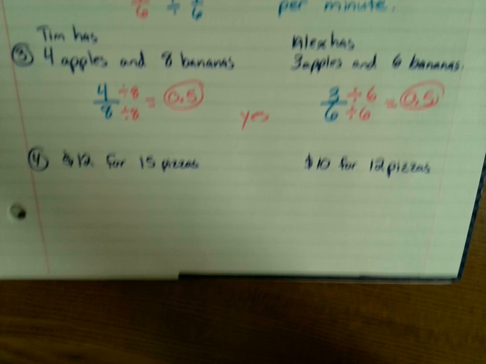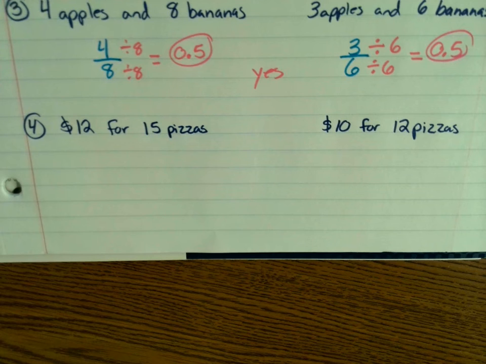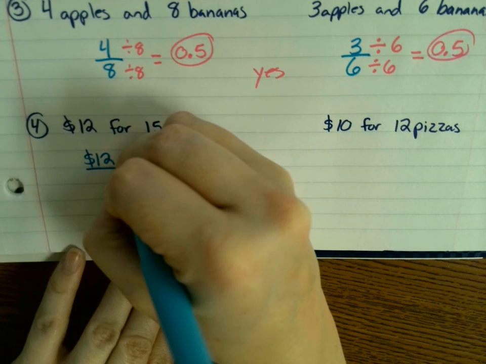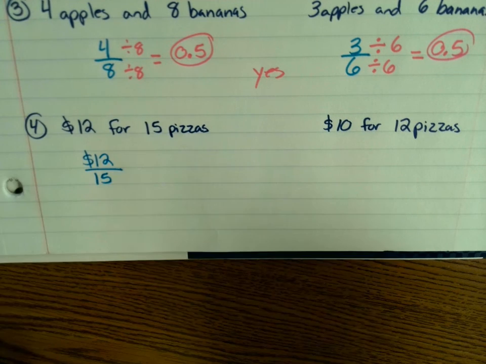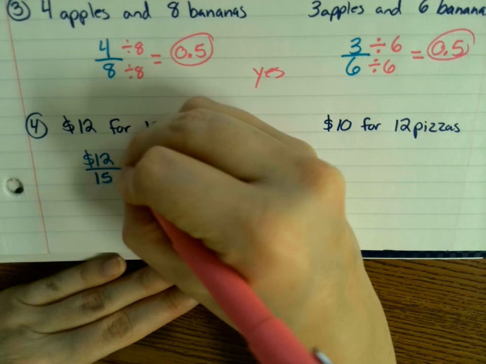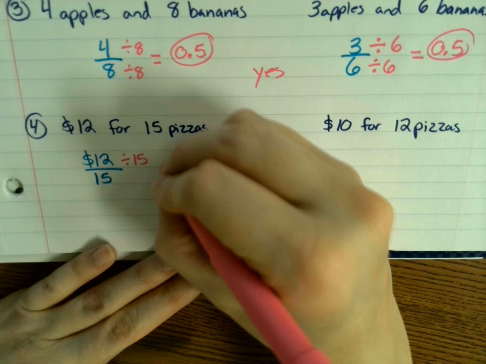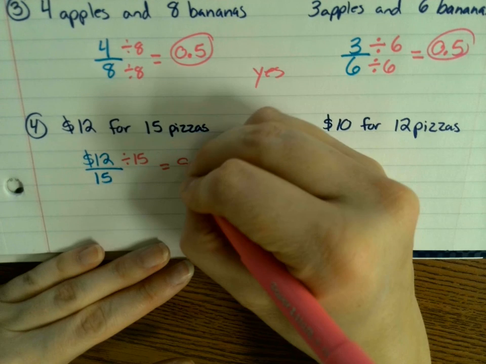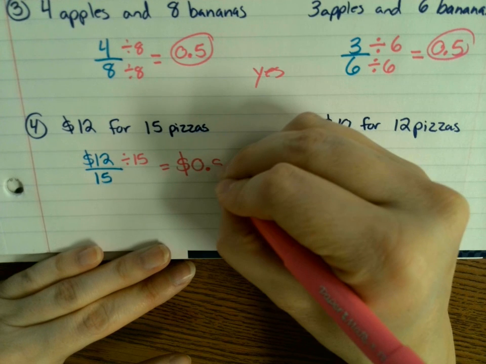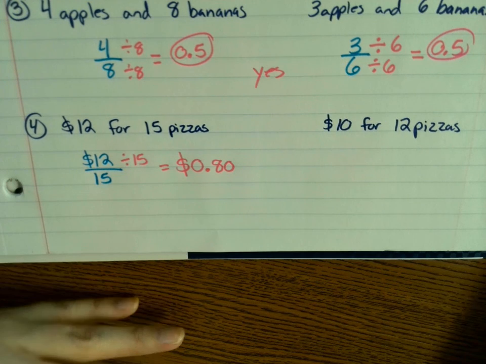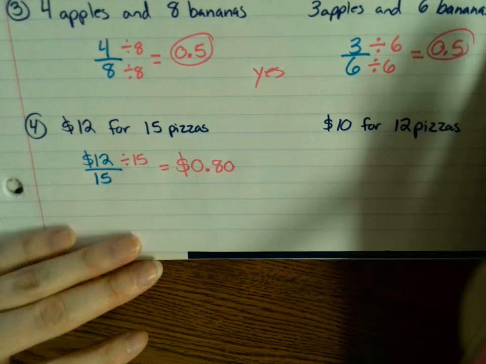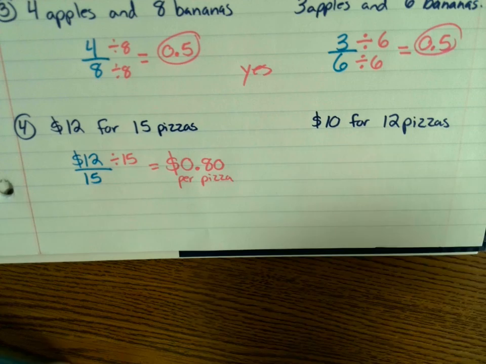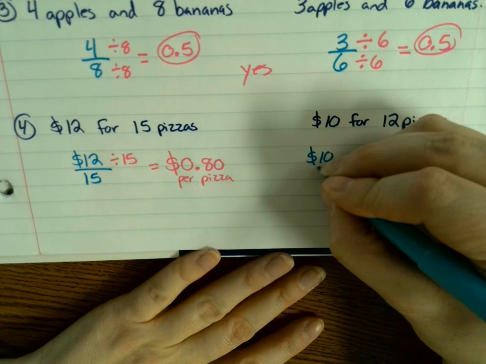We're going to do the exact same thing. We're going to set it up where it's $12 over 15. We're just going to do 12 divided by 15. When we do 12 divided by 15, it comes out to 0.8. As money, that would be 0.80, 80 cents. So 80 cents per pizza. For this one, we would be doing $10 divided by 12.